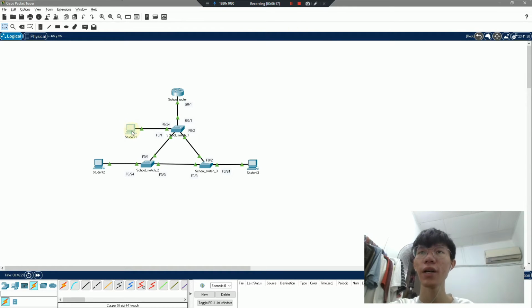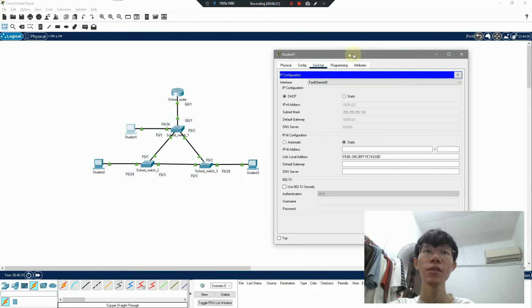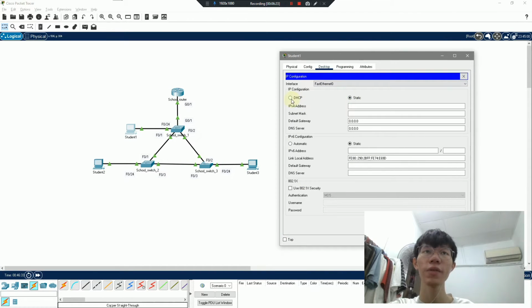Next, I will verify the DHCP configuration. We change the student 1 PC from static to DHCP. You can see here the DHCP request is successful, and we get the IP address for the PC, subnet mask 255.255.255.128, and the default gateway is 10.51.0.1.